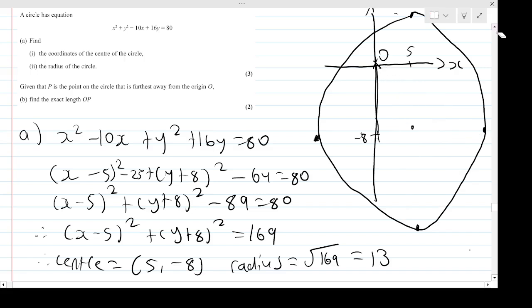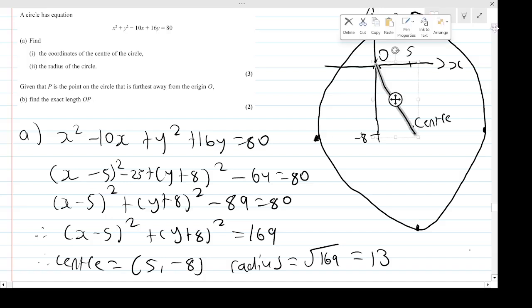And actually, I guess if you think about it a little bit, what it turns out is that if this is the centre that we've drawn here, which is 5, minus 8, if you want to deal with the furthest distance, it has to cross through the centre, because the furthest distance in the circle is going to correspond to the diameter.